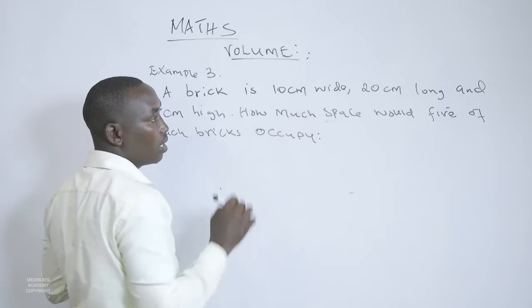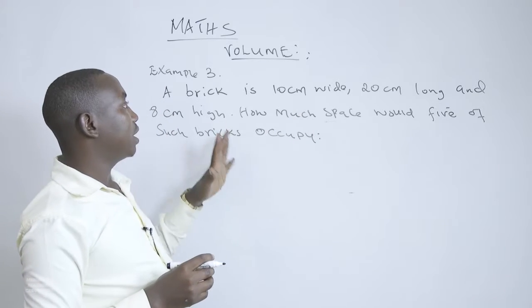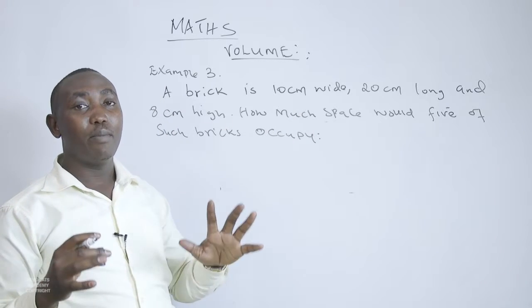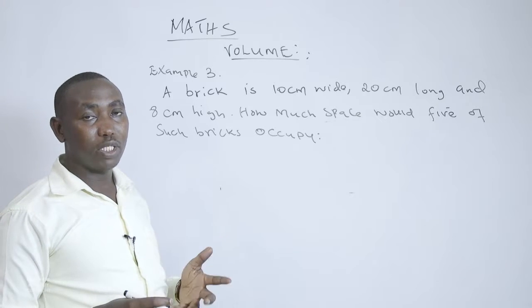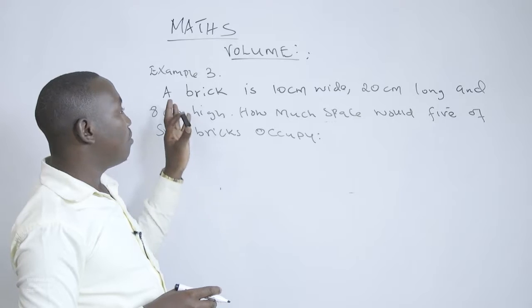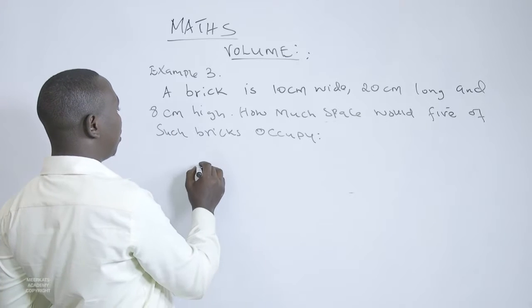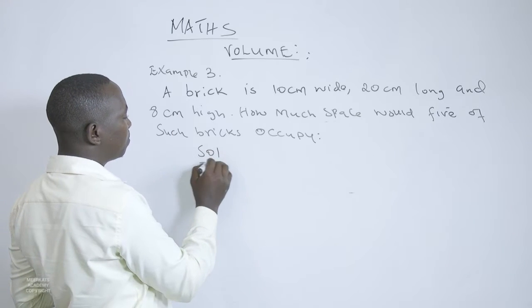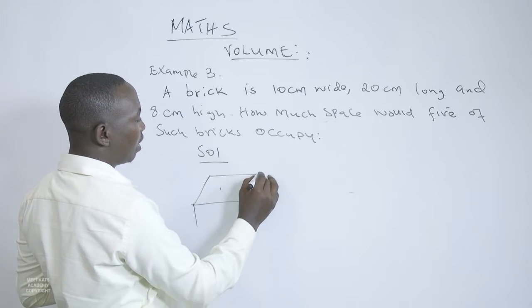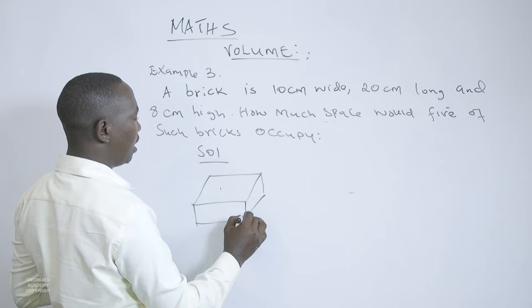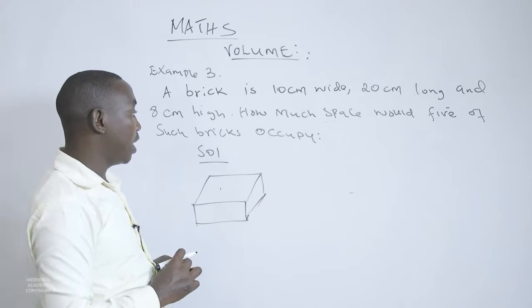So during the introduction, we said that volume is the number of cubic units that are occupied by a 3-dimensional figure. A brick is a 3-dimensional figure. Let's take this to be our brick. It's in the form of a cuboid.